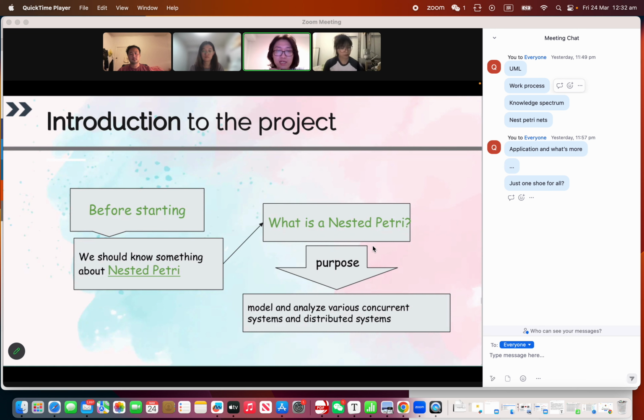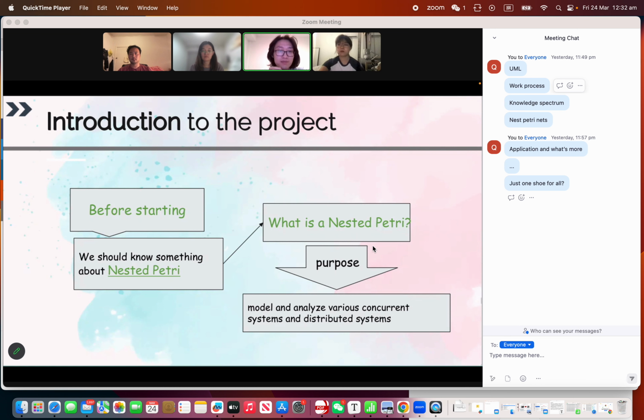A nested Petri net is an extension of a natural Petri net, where a Petri net can be embedded within a place of other Petri nets. This allows for modeling of systems with hierarchical structures and multiple levels of abstraction.